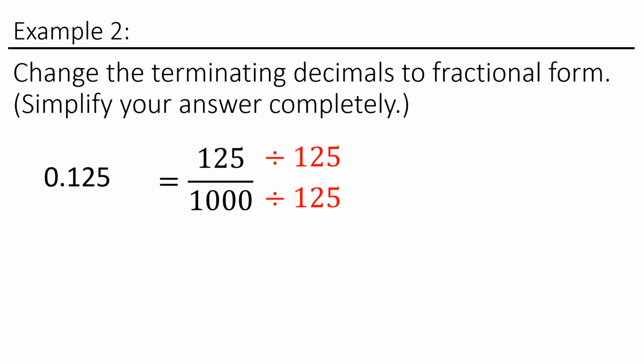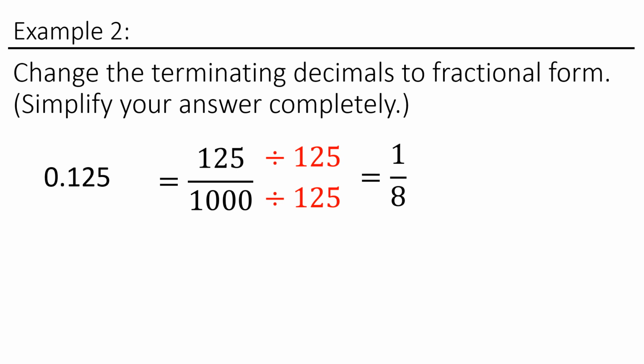Well, you can just keep dividing by 5 and keep dividing by 5, and that's fine. I just happened to know that 125 would divide into 1,000. That saves me a few steps, but you can keep dividing if you need to.